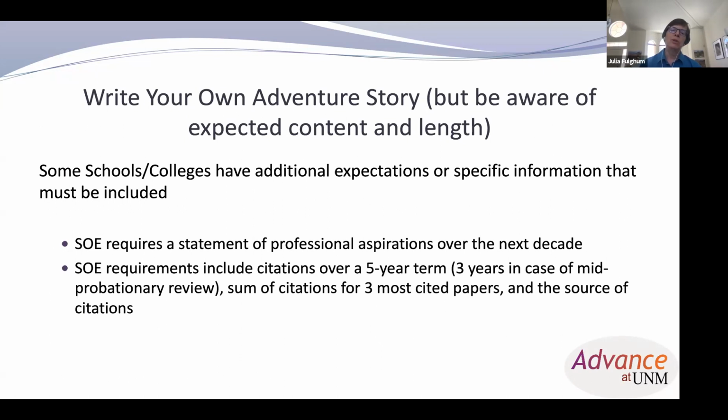Honestly, some people have trouble caring by the time they finish their dossier, but it's good to know, going in, what's required. School of Engineering has very specific things about citations. Most other schools and colleges don't, but find out early.